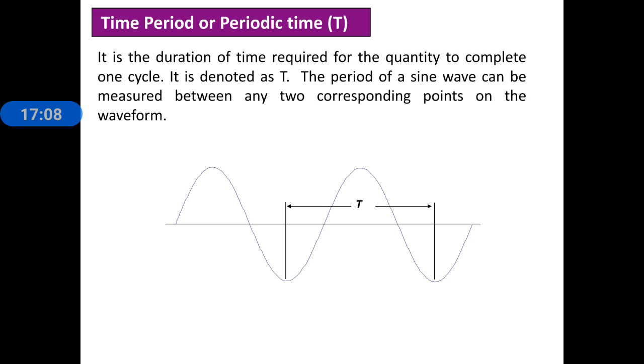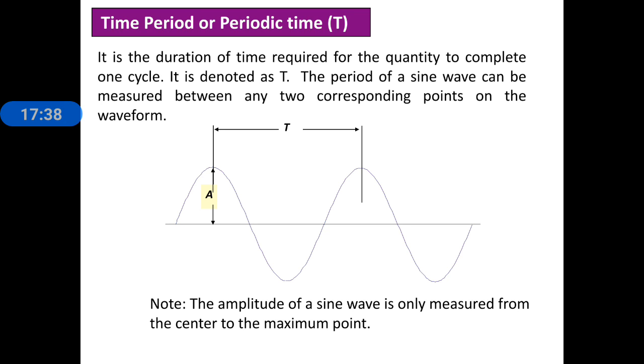Or we can say negative peak to negative peak is also a time period, because here also one negative half portion and one positive portion. Or positive peak to positive peak is also a time period. So totally one time period.